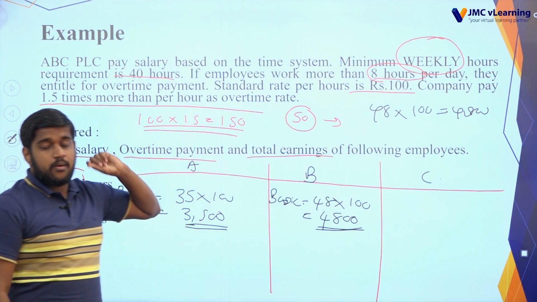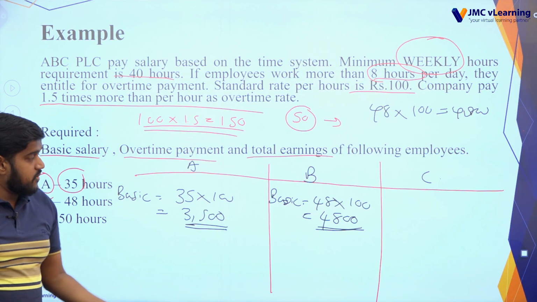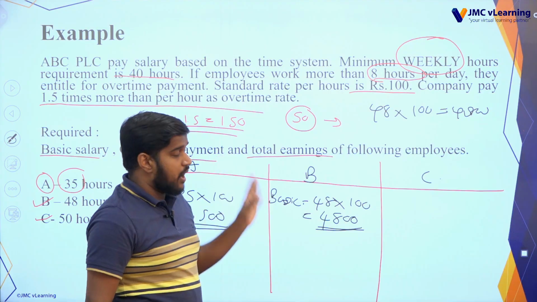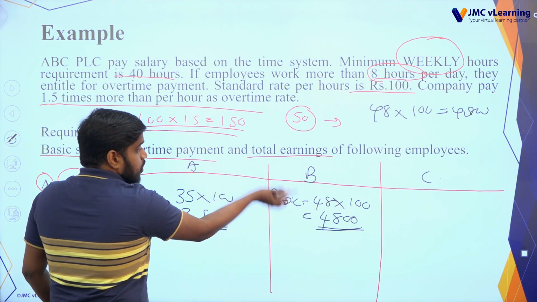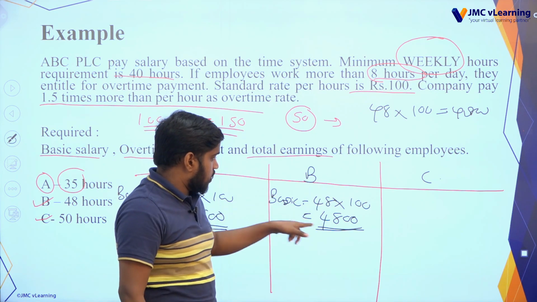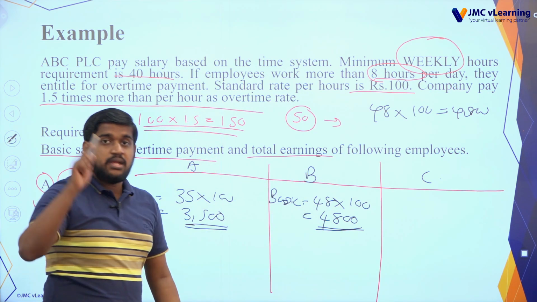Whatever their daily requirement or monthly requirement, whatever hours he works, definitely we need to pay for those hours. Therefore, when we calculate basic salary, we get it by total work hours multiplied by per hour rate. That means 48 multiplied by 100.